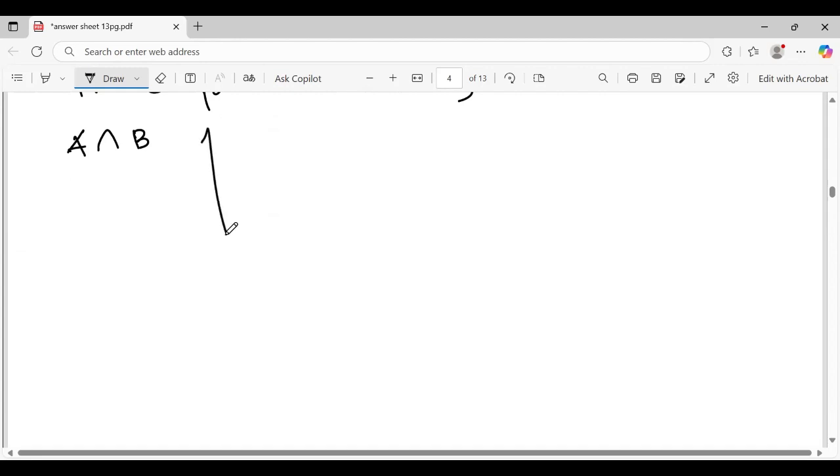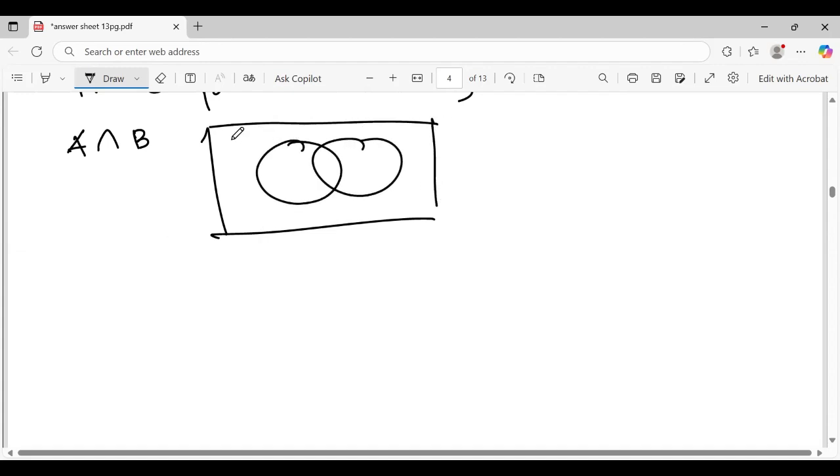And the Venn diagram like this. Okay, this is the universe. And if this is set A, this is set B, this area is the intersection of set A and set B.